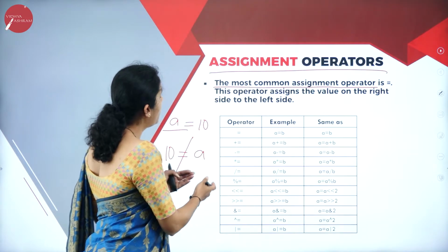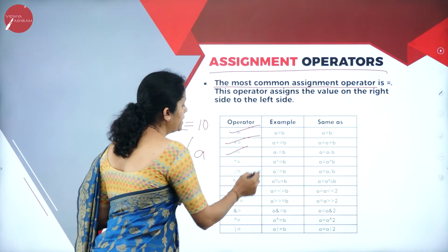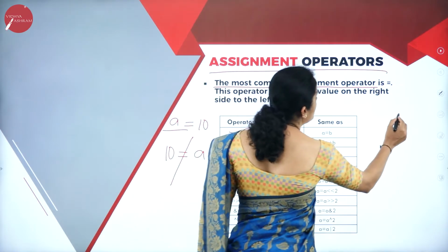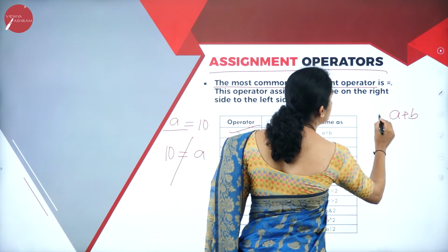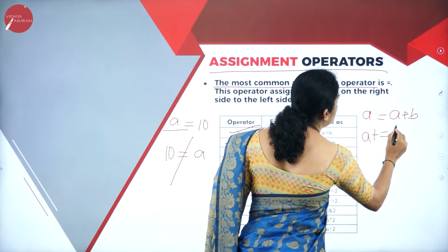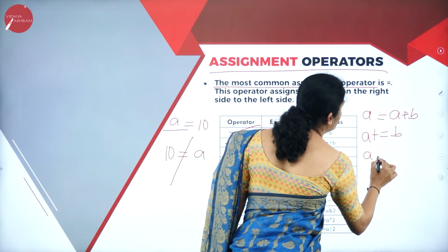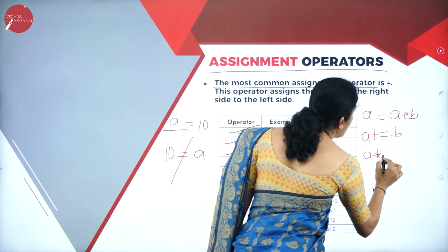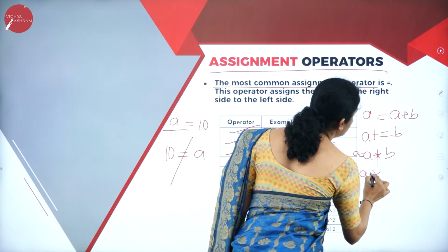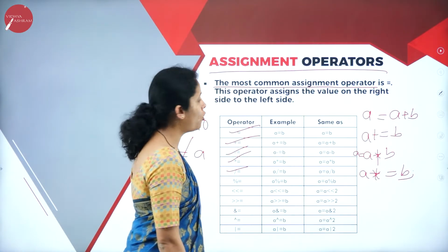Here I'm going to have certain assignment operators, that is equal, plus equal, minus equal, star equal, slash equal, etc. That means instead of writing A equal to A plus B, I can write A plus equal B. And instead of writing A equal to A star B, I can write A star equal to B. So these are the valid assignment operators.